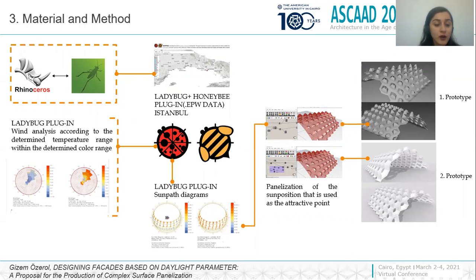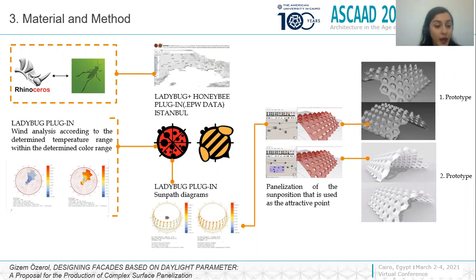Then we merged these output data with complex forms and analysis obtained as temperature data and wind direction data, which could help us create a color diagram and sunpath diagrams.